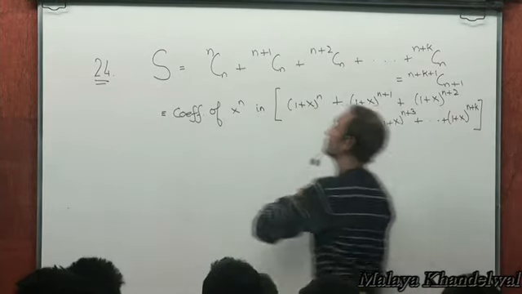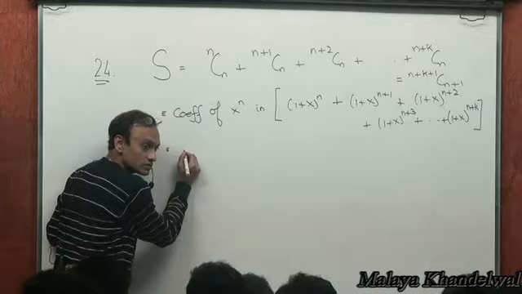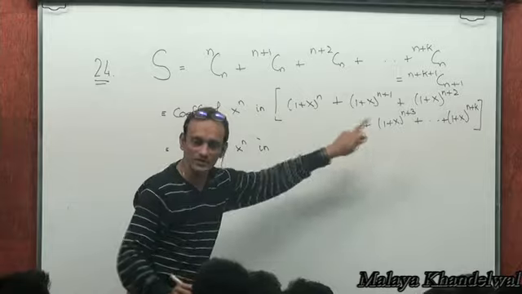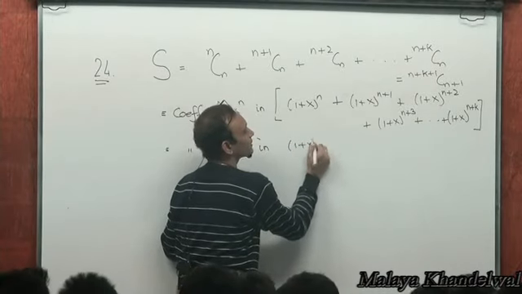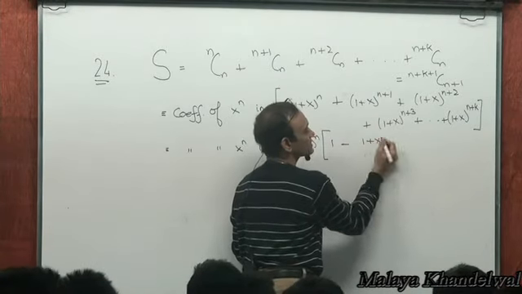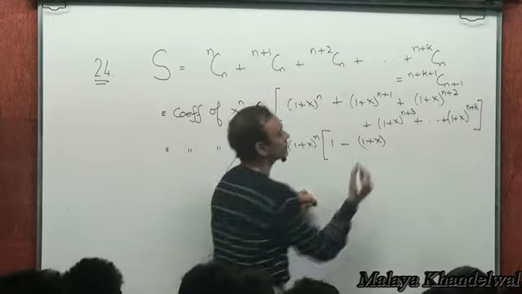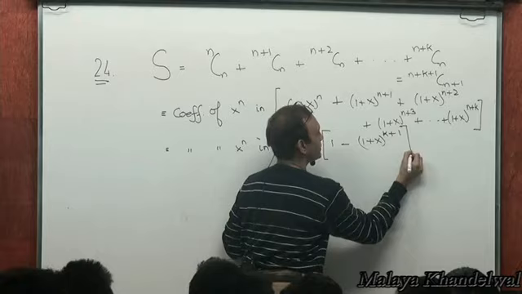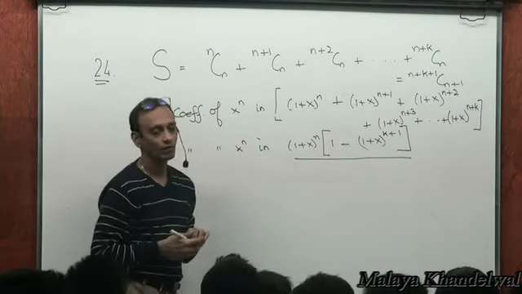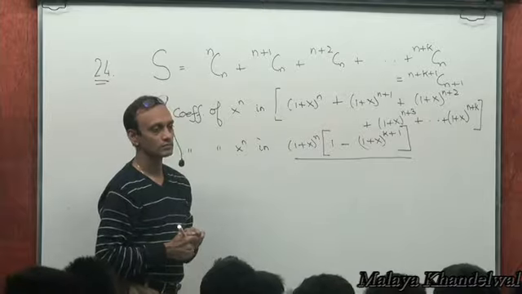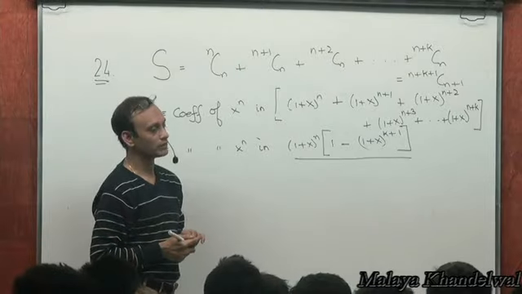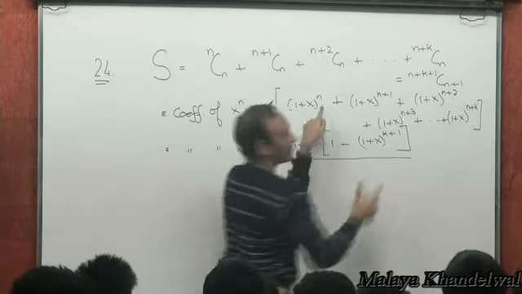This is coefficient of x power n in the sum of this GP series, which is 1 plus x power n into 1 minus r, which is 1 plus x, to the power k plus 1, divided by 1 minus r, k plus 1 terms. Why? Oh, right, 1, 2, k and 1. Sorry.